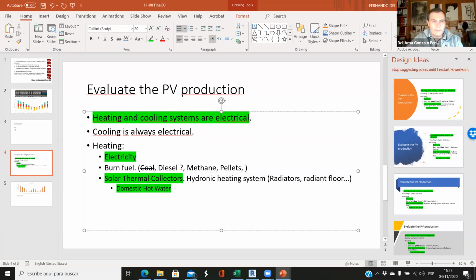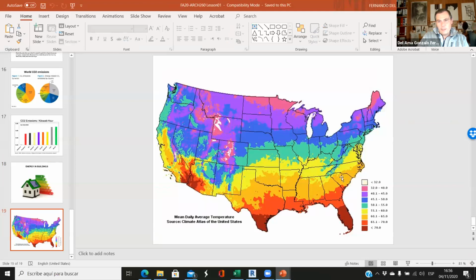Okay, let me summarize this. If we are in a mild temperature, where it's not too cold, in the yellowish and red areas of the United States, it's a good option.